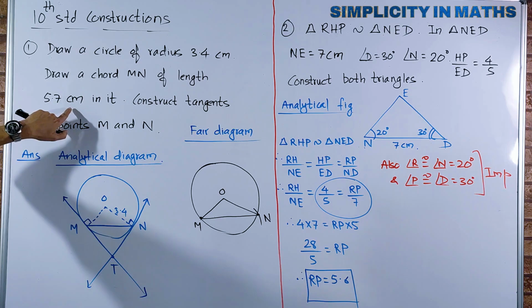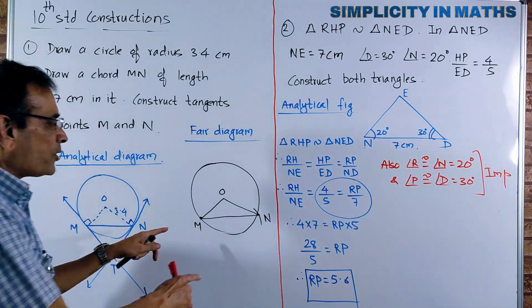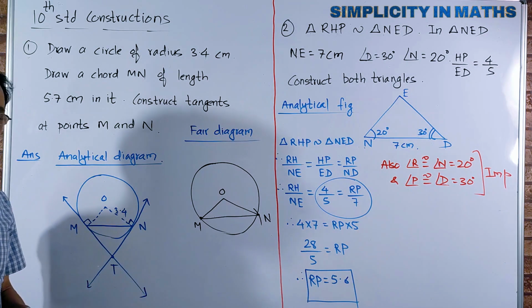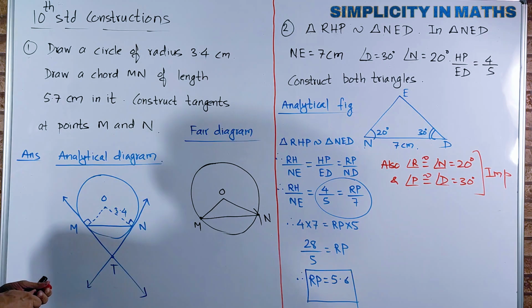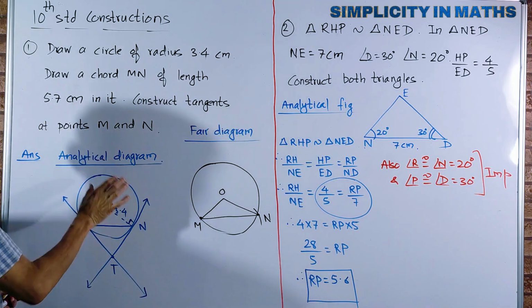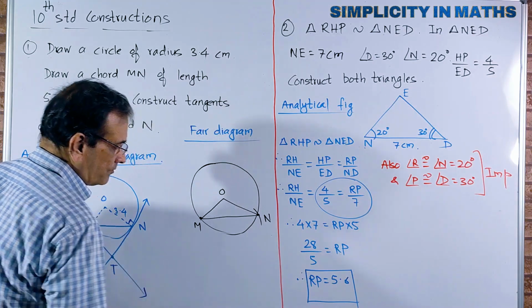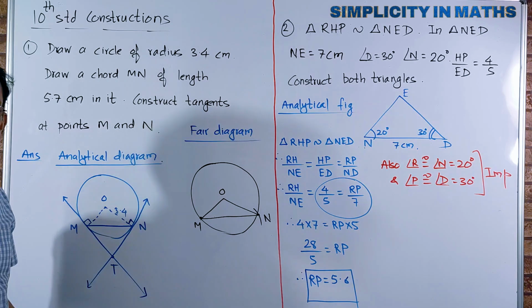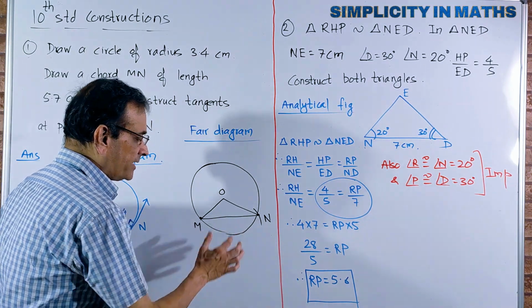Now to show a chord of length 5.7 centimeters inside the circle, what do we do? Take a rounder. On the rounder, measure 5.7 centimeters on a scale. स्केल पे राउंडर के दो पॉइंट रखो, 5.7 सेंटीमीटर एग्जैक्ट मेजर करो. Because length of the chord is 5.7 centimeters.